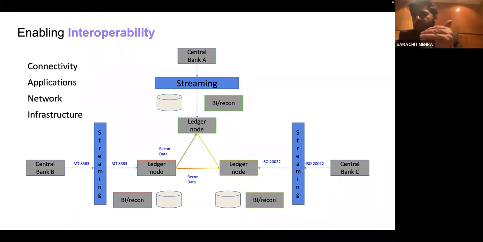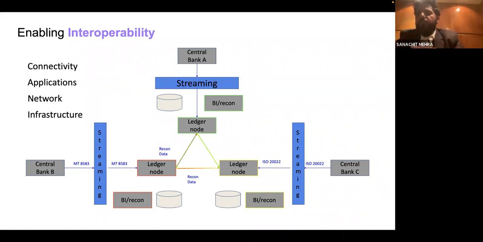So right from the infrastructure, where they decide whether to go ahead with a blockchain or a non-blockchain way of building their ledger nodes, to selecting the network on which they are going to transact among each other, to the fact that these transactions could also be made programmable.